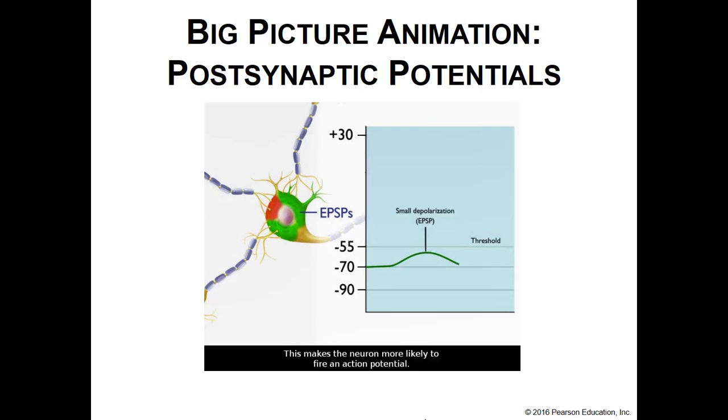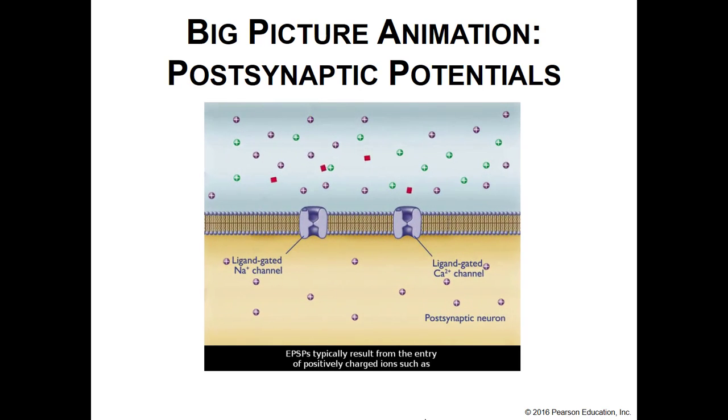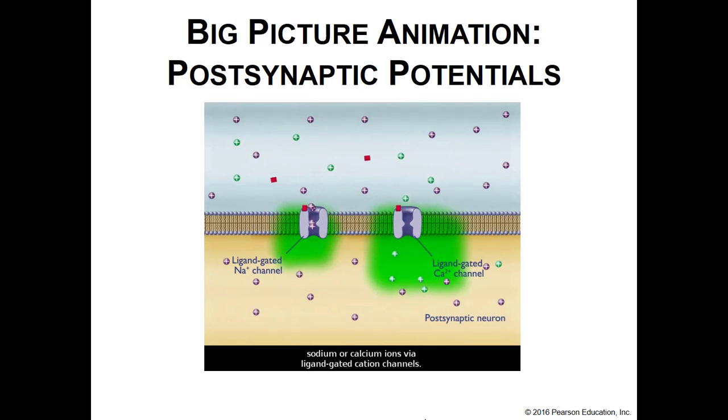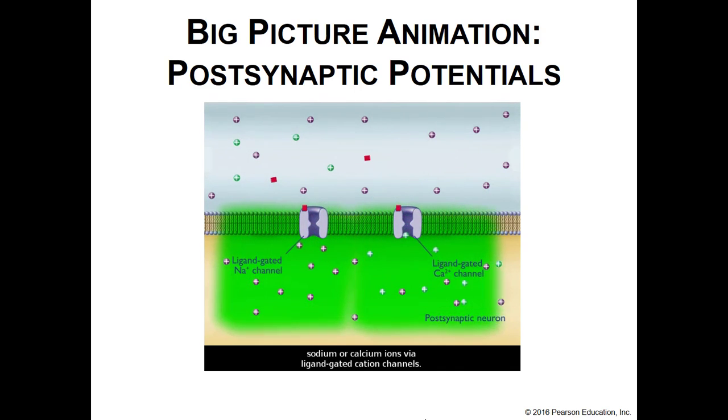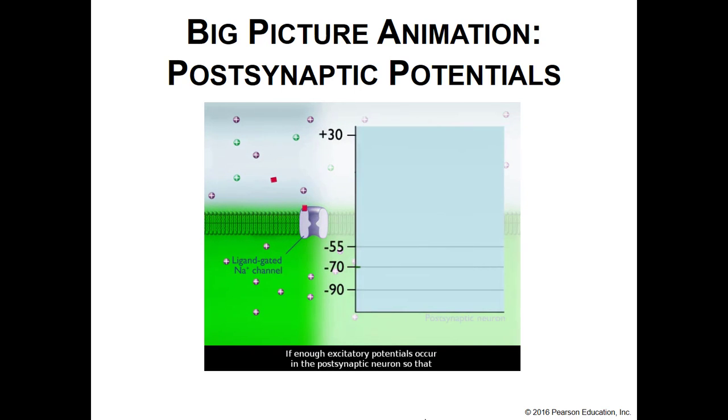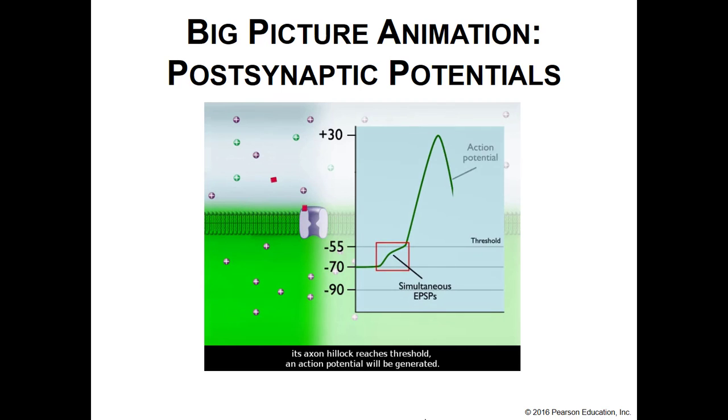This makes the neuron more likely to fire an action potential. EPSPs typically result from the entry of positively charged ions, such as sodium or calcium ions, via ligand-gated cation channels.